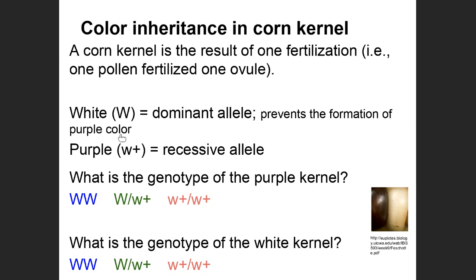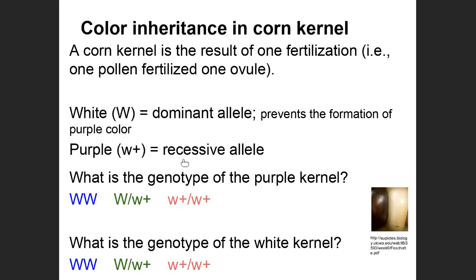Okay, well, that's not why it is, but this is how it does it. It's dominant because if you have the heterozygote, big W, little w plus, then that heterozygote will still be white. That's how you know that the big W is the dominant allele. So big W conditions white, little w plus conditions purple.